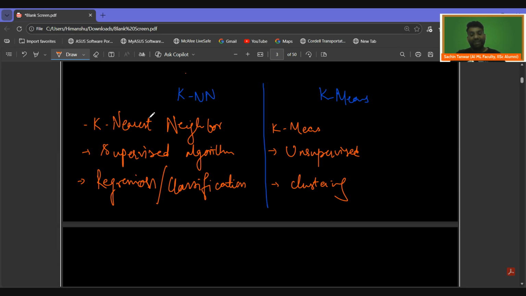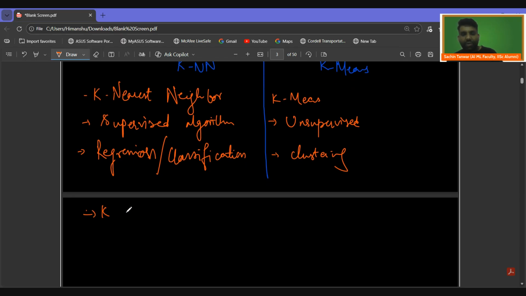So what does K tell us over here? K tells the number of neighbors to look for. If I have a query point and this is 3 nearest neighbors, I would search for the 3 nearest possible pictures or data points and see what the dominant class is within that.